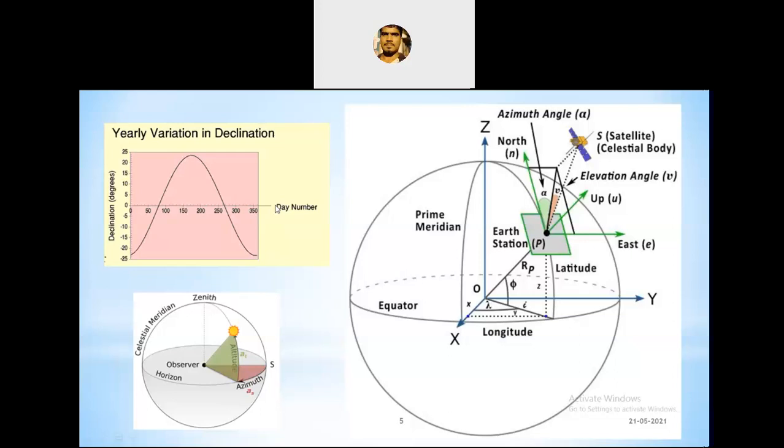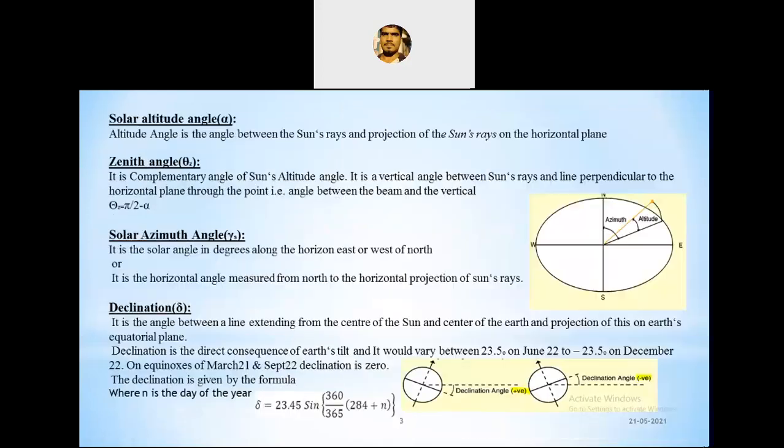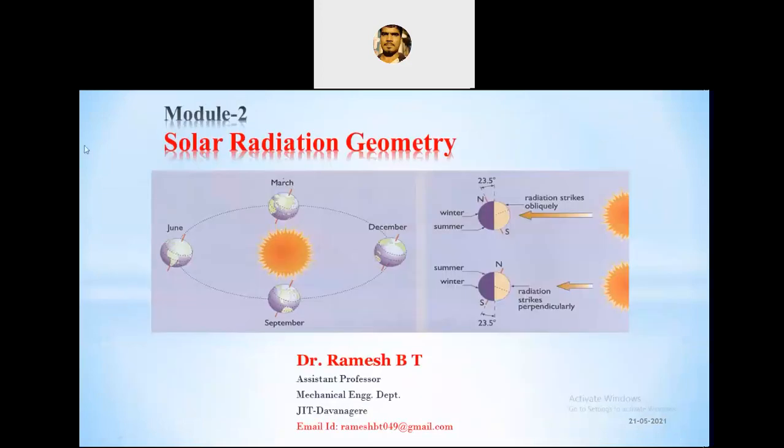So in the first figure, I will explain. See here, it is September 22: the sun center and the earth center are the same, and the declination is 0. Next, on December 22, the earth center and the sun center have a negative value, a negative declination of 23.5. Again on March 22 it becomes the same, 0 declination, and on June 22 it becomes positive, 23.5.